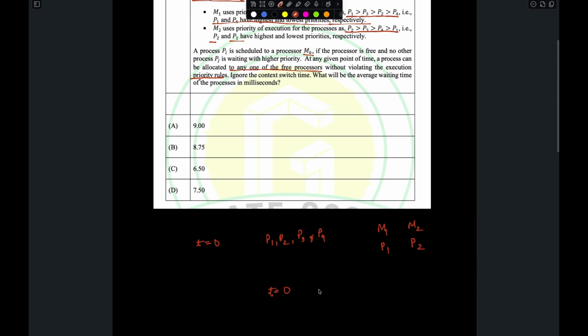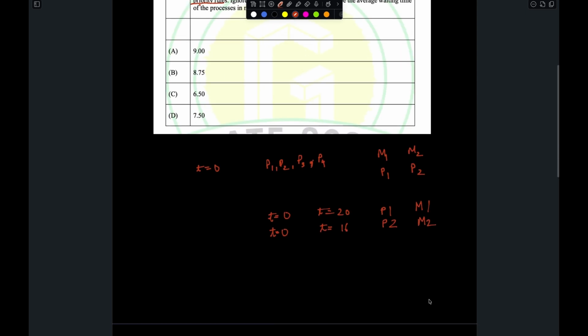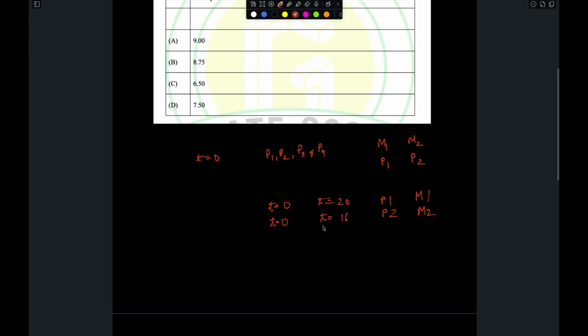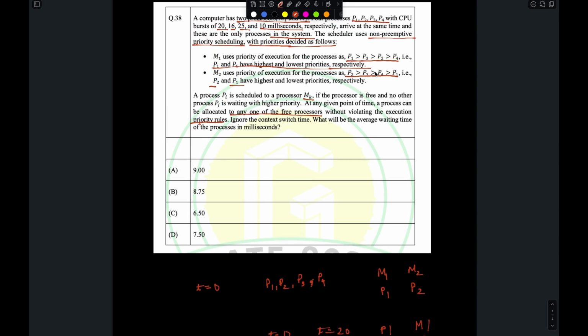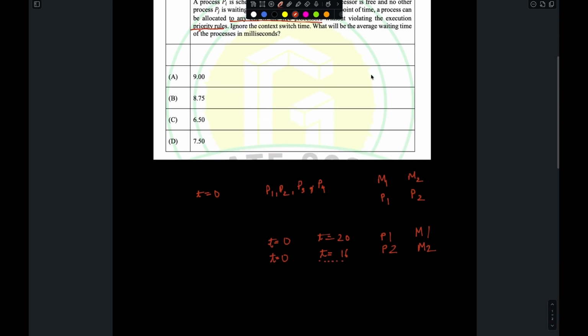Now since the burst time for P1 is 20 and P2 is 16, from t equals 0 to t equals 20, P1 will be running on processor M1, while from t equals 0 to t equals 16, process P2 will be running. Now, after P2, the process that has the highest priority is P3.